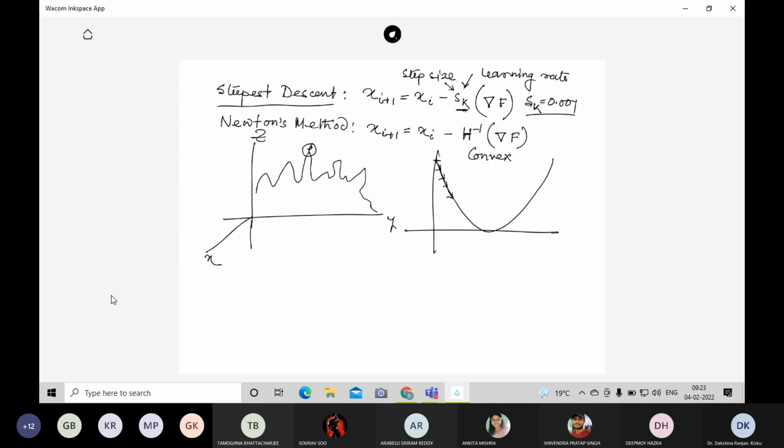See, this s_k will lead us to the linear relationship between the examples, or the independent variable and the dependent variable.